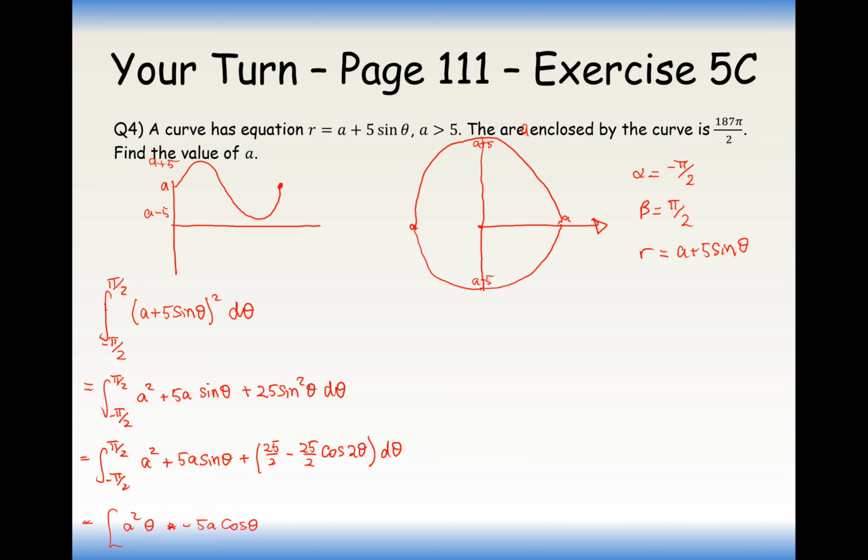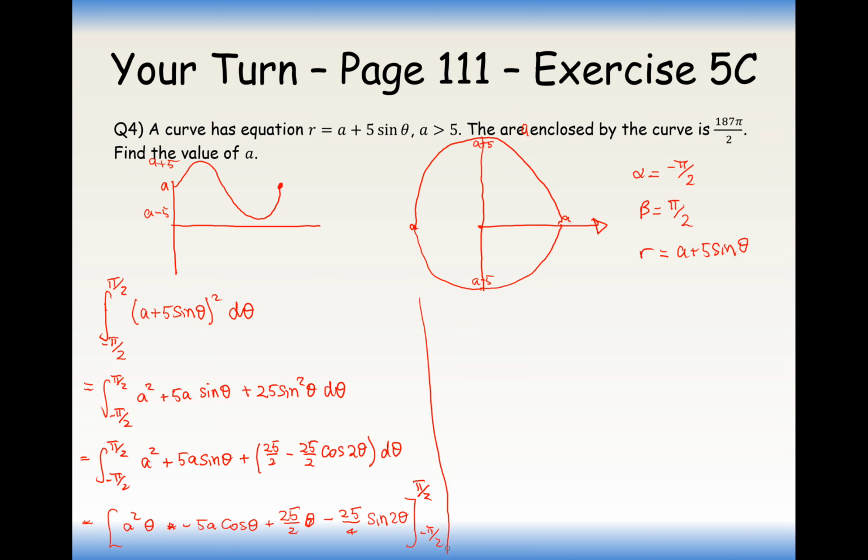And the next part's going to be 25 over 2 theta. And the last part is going to be, minus cos will integrate to minus sine, so it's going to be minus 25 over 4 sine 2 theta, bounded by the values pi by 2 to minus pi by 2.